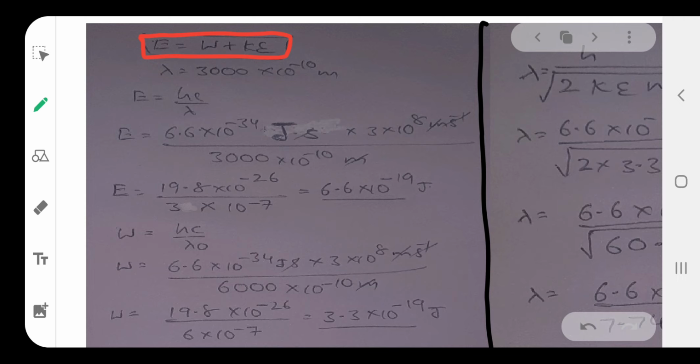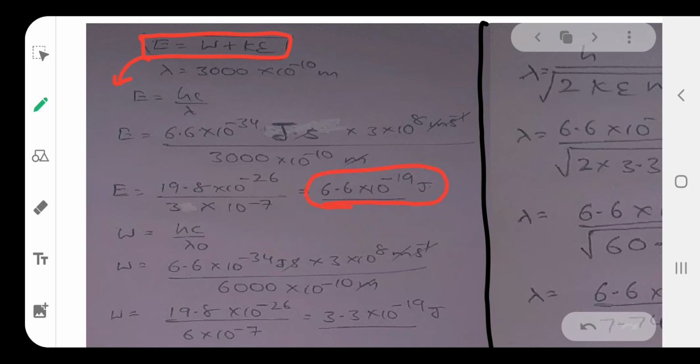First of all, this is energy. Energy is equal to hc by lambda. Planck's constant is 6.6 into 10 power minus 34 joule seconds, into light velocity 3 into 10 power 8 meter per second, divided by the incident light wavelength 3000 into 10 power minus 10 meter. Then we calculate the total value, we will get 6.6 into 10 power minus 19 joules.